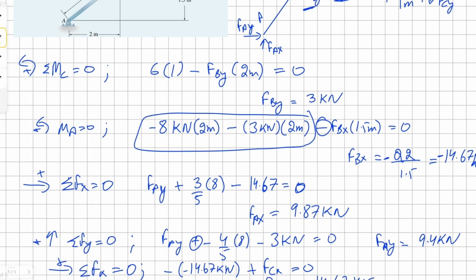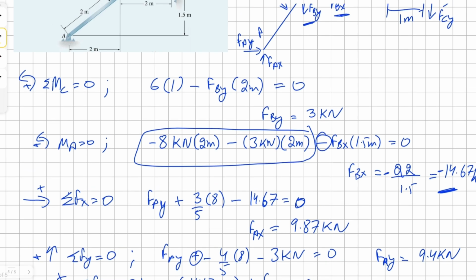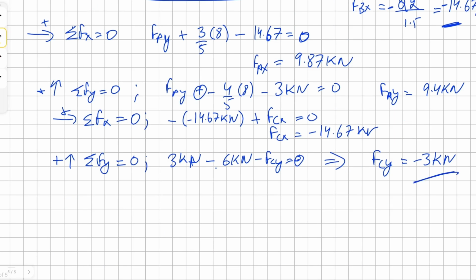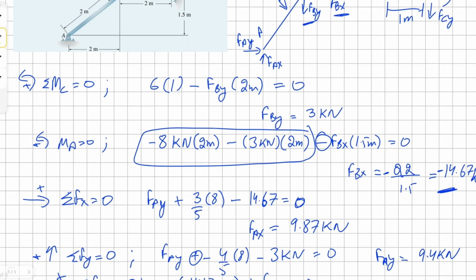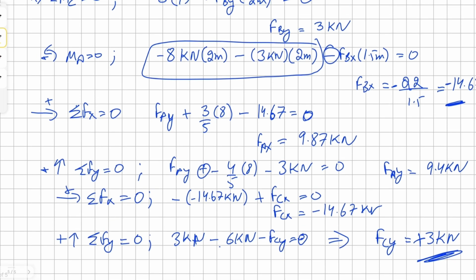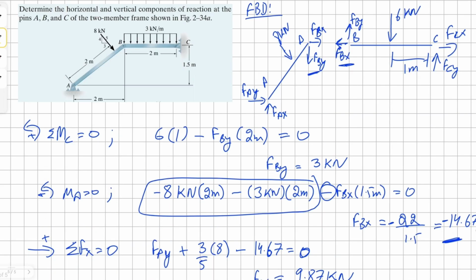Alright, so now this is where we can correct our signs. You see, wherever we have a negative value, that means we assumed the wrong direction for our arrow. So that means our value for FCY, first of all, because it's negative 3 kilonewton, if we flip this sign to up, we can change this to positive. So now that value is positive. Our FCX has a similar issue, so we can flip our sign the other way.